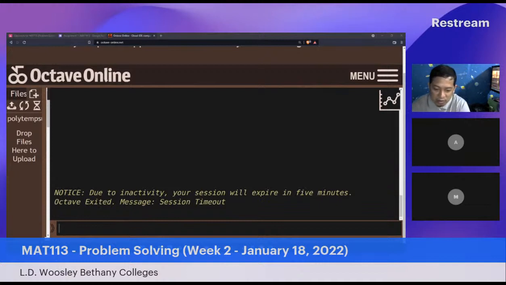Poly to sim is from a symbolic vector to a polynomial expression, and sim to poly is from a polynomial to a symbolic vector. That's how we do it. And then we also have the roots command, which we discussed last time. If we still have time later on, we will continue trying to solve some sample problems.